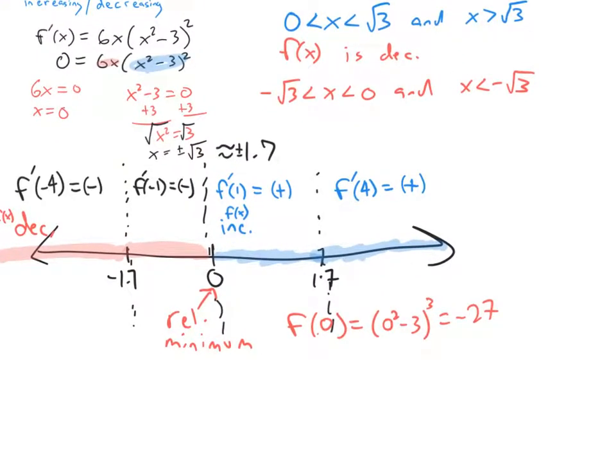So that point 0, comma negative 27 is a relative minimum. So far, all we talked about is where our graph is increasing and decreasing, and we actually found a relative minimum.